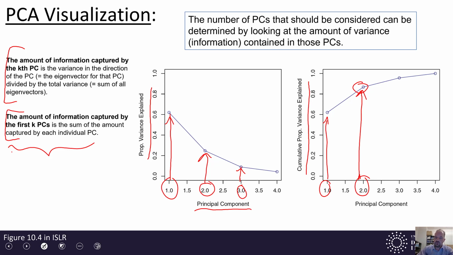There are some other principal components, 3 and 4, and they don't capture much. Another way to think about this is that there's a lot of spread in one direction, a little spread in the next direction, and then these extra directions have very little spread.